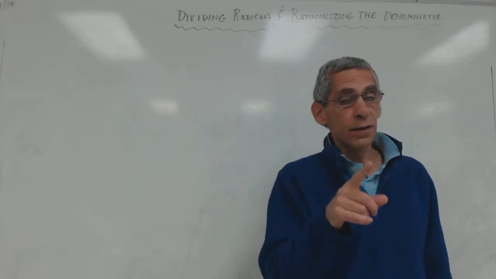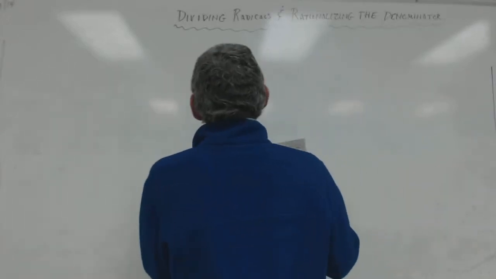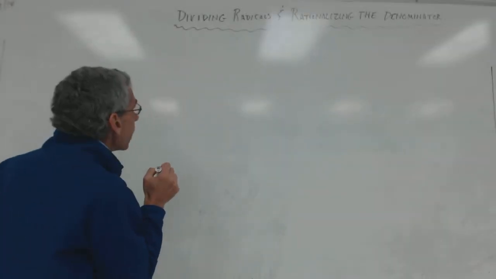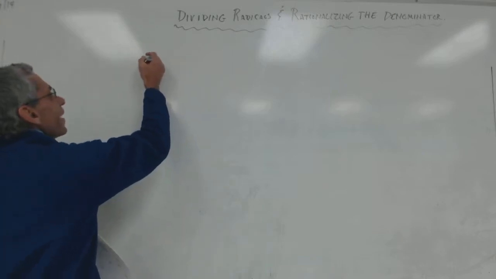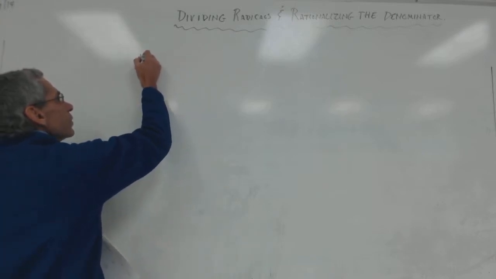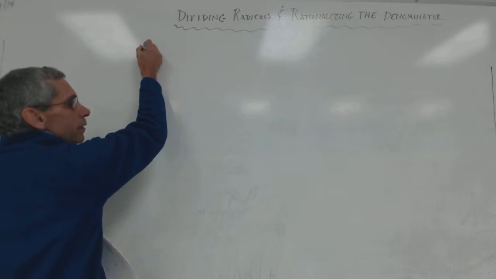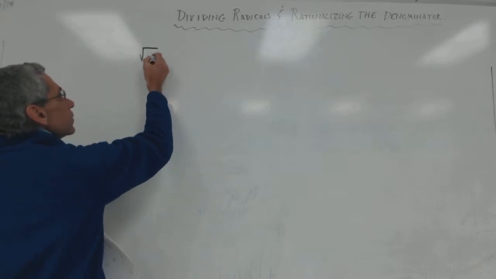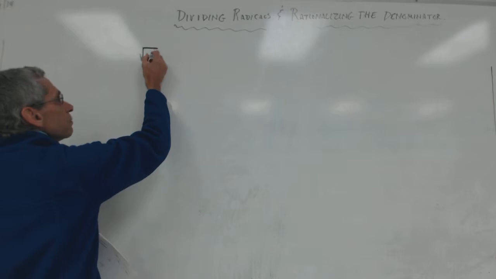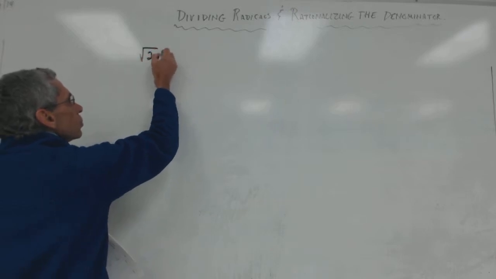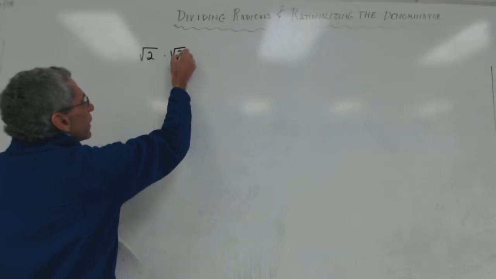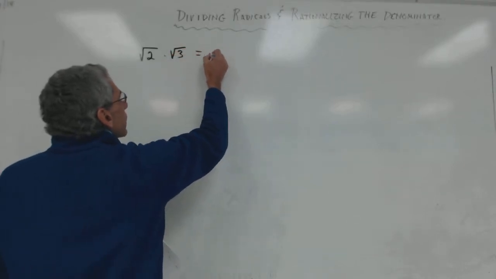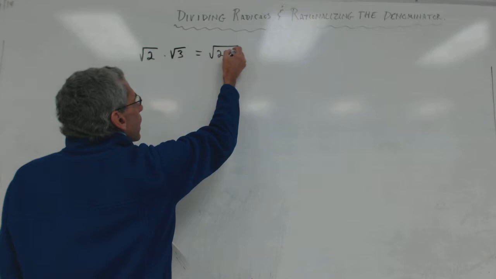And we've learned with multiplying that 2 times the square root of 3 is the same as saying the square root of 2 times 3.